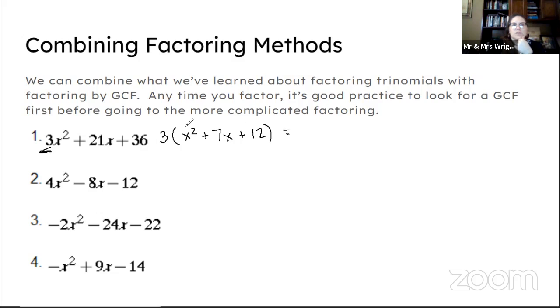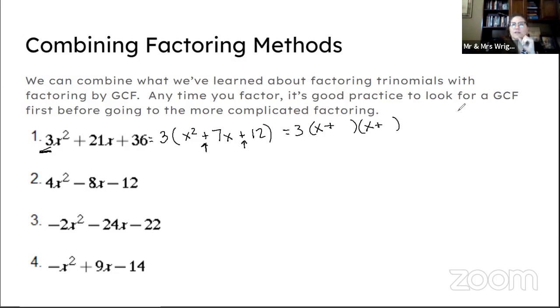So that's equal to, let me write my equal sign, 3 times. And then I'm going to have my 2 sets of parentheses. And because now my leading coefficient, or A, is 1, I can go ahead and plug in x's here and here. My plus sign tells me that I'm going to have the same sign for both of these terms. And this right here tells me that they're both going to be plus. All right.